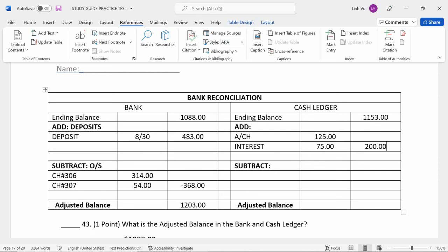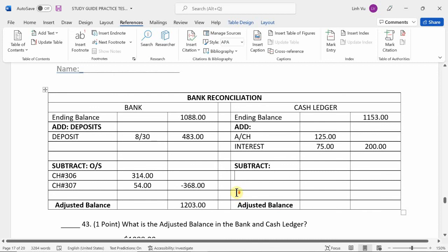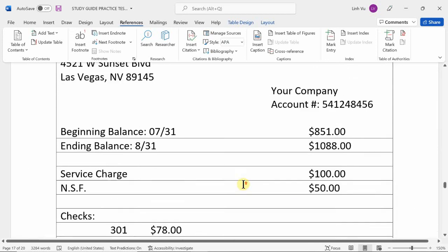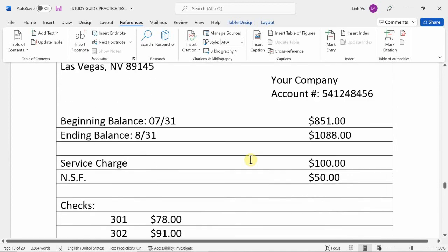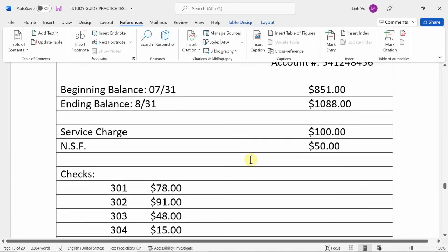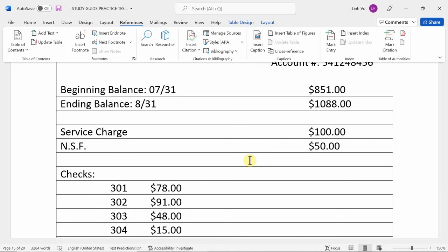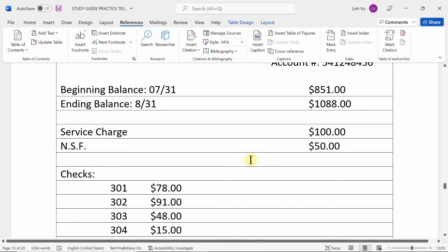Okay. What do you need to subtract? What does the bank know that you don't know? Fees. They know that they charged you fees and they take it off of your bank account immediately. They don't even notify you. So let's take a look on your bank statement. How many fees was I charged? 2, right? You got one service charge for 100, and you had an NSF, so you wrote a check that was faulty.